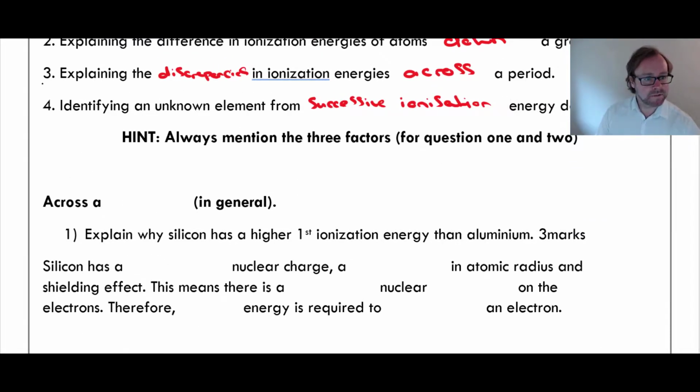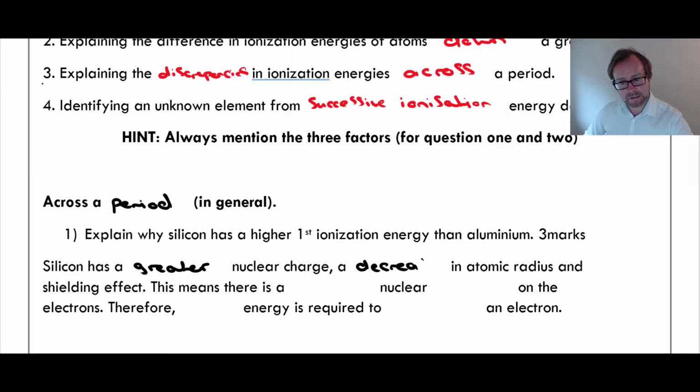So how to answer this? The first one, across a period. Explain why silicon has a higher first ionization energy than aluminium. Silicon has a greater nuclear charge because it has one more proton, a decrease in atomic radius, and a similar shielding effect.